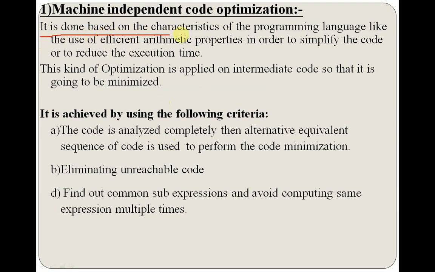It is done based on the characteristics of the programming language, like the use of efficient arithmetic properties in order to simplify the code or to reduce the execution time.